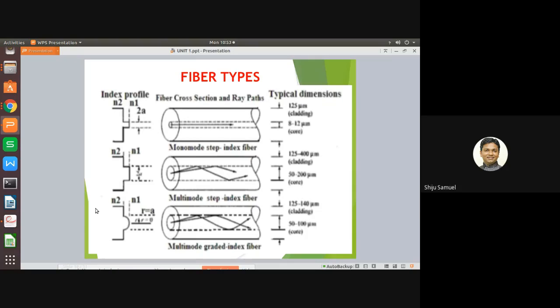Now, the multi-mode and monomode step index fibers have some applications also. In application terms, for lower bandwidth applications, we use the multi-mode fibers.